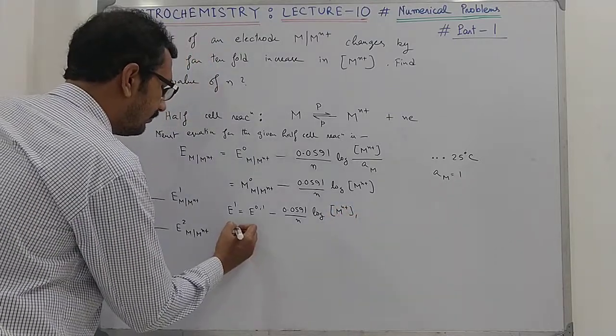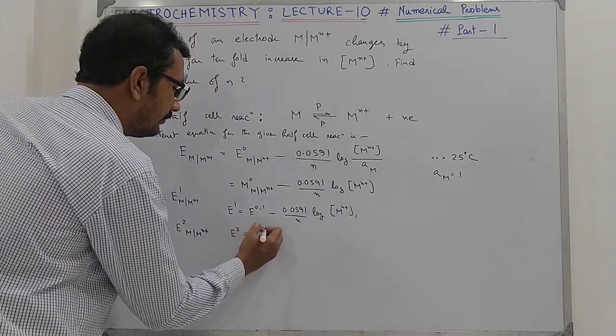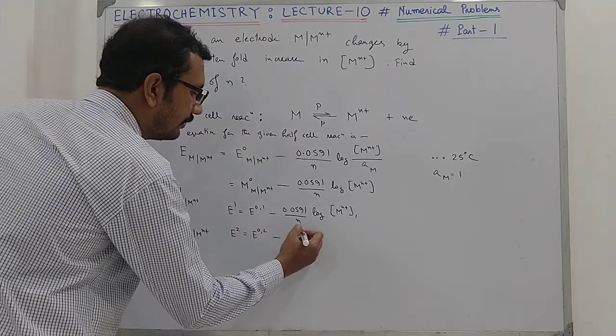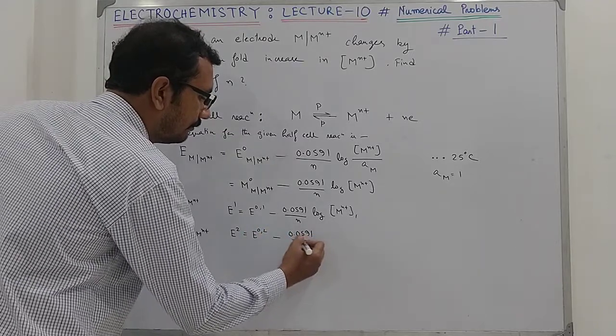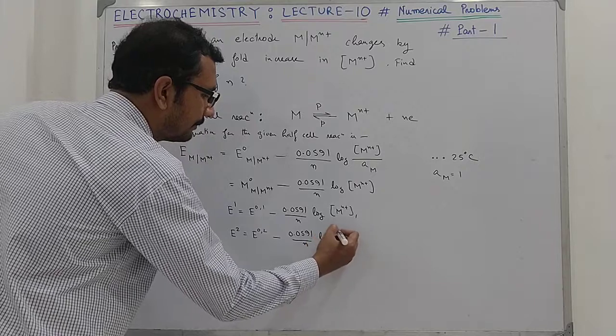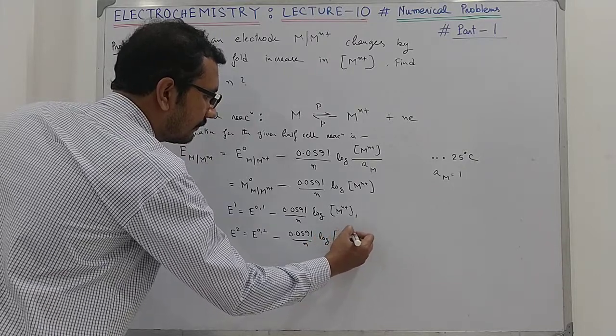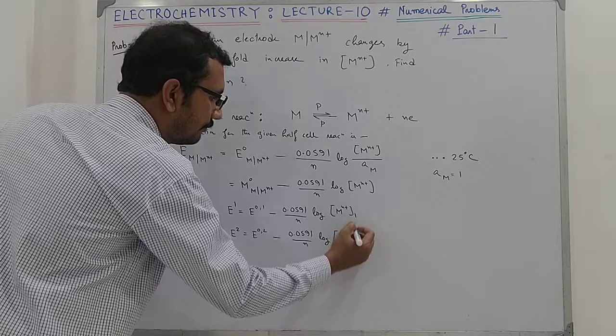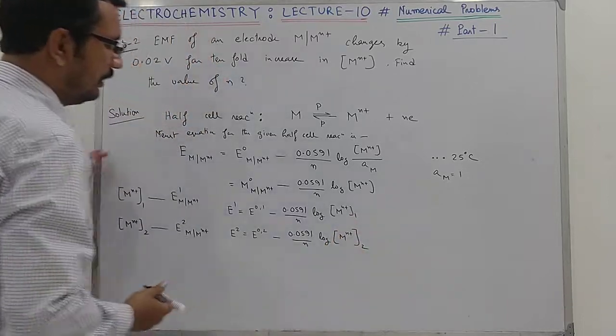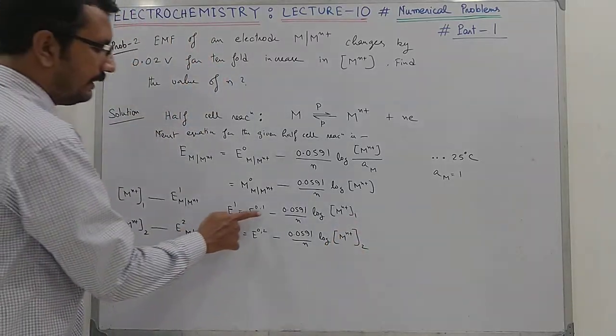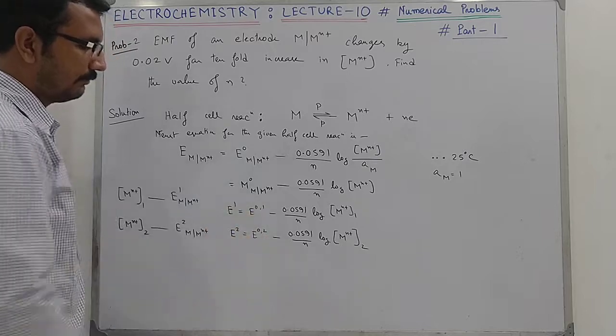And for the second case, E2 equals E0 2 minus 0.0591 by n log Mn+ 2. Now see, I have given tagging of 1 and 2 here.